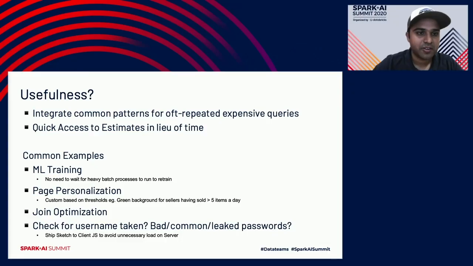Now, if you were to go back to the slides and look at the usefulness, the main thing that I want to drive home is that using these common patterns, you can optimize.